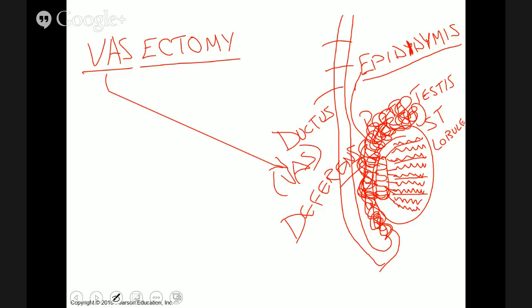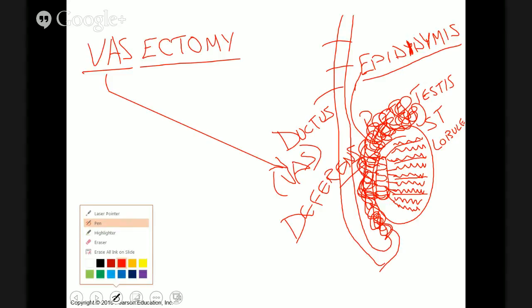You're actually cutting the ductus deferens in an attempt to prevent the male from ejaculating the sperm into the female reproductive tract. So that's what a vasectomy is.